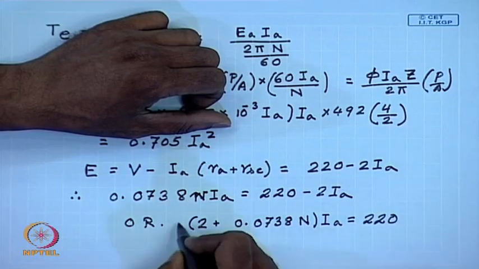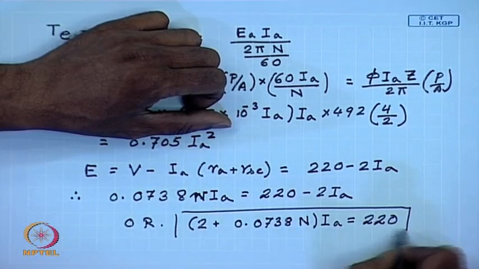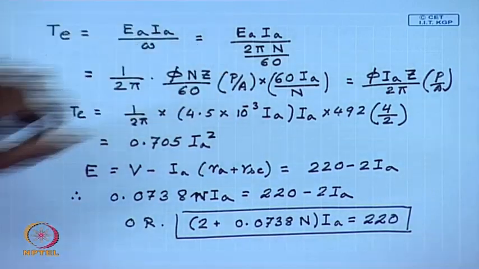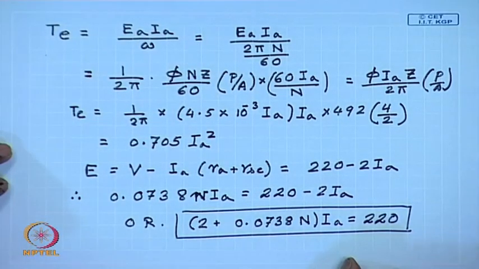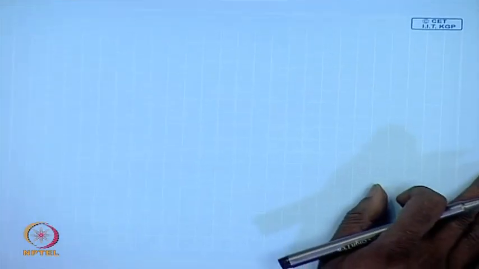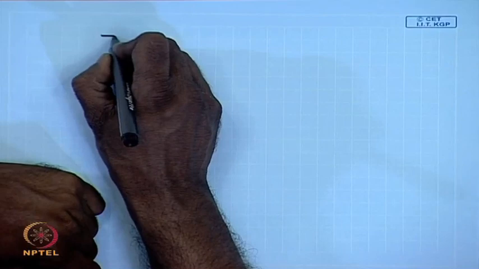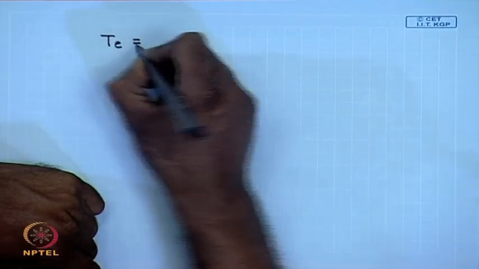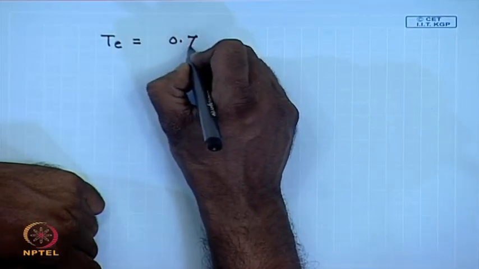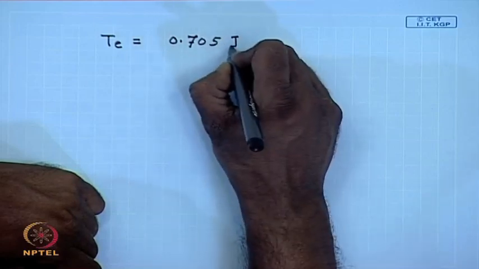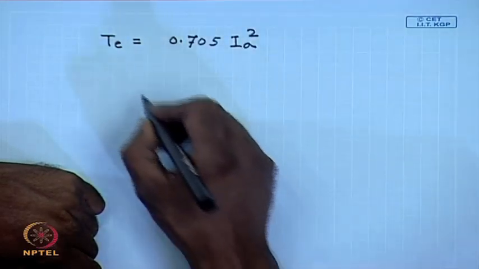This is the current speed characteristic of this machine. Then torque is 0.705 IA square, substituting from the previous equation.